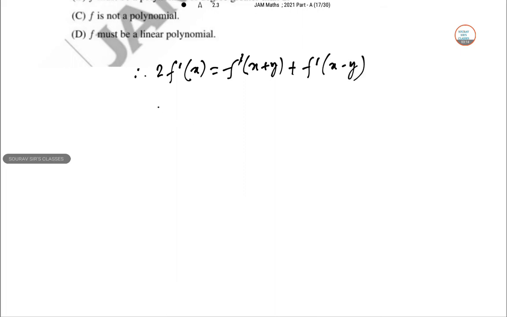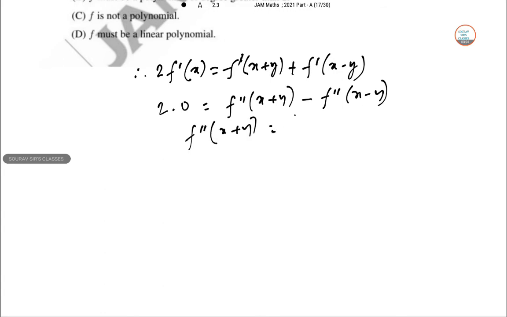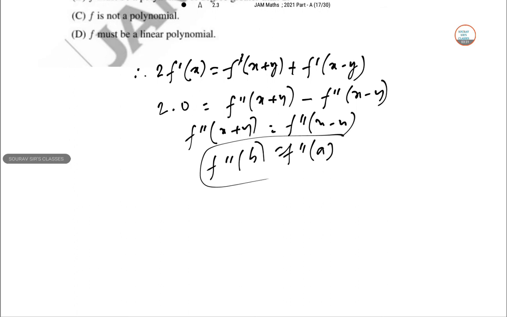So after differentiating again, 2 into 0, f double dash x plus y minus f double dash x minus y. So f double prime is this, and this is also this. So f double prime b, just replacing the value, will give you this value.